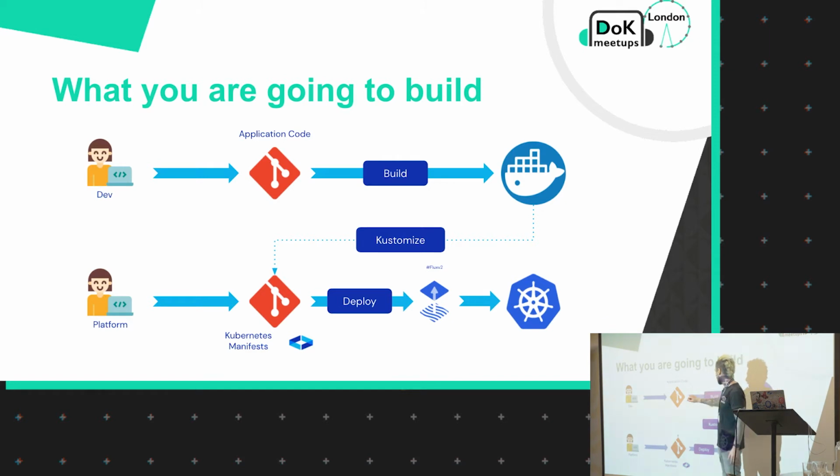You have application code, you build your application into a container, and then typically, if you want to deploy it into Kubernetes, you want to create some sort of customization, essentially using the container image and replacing it in the appropriate location in your Kubernetes manifest. Depending on your environment, prod or dev, you may want different values in your Kubernetes manifest.